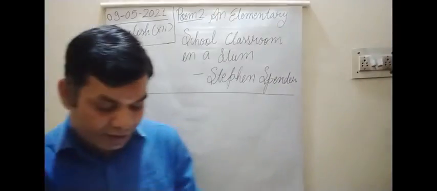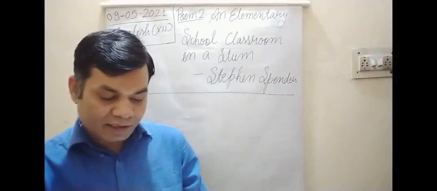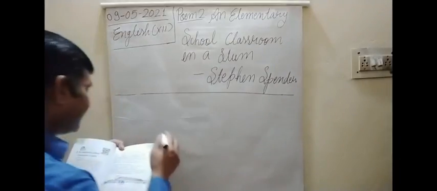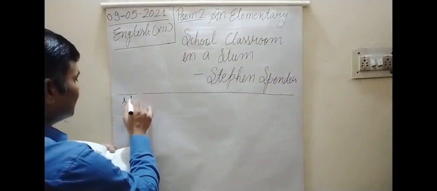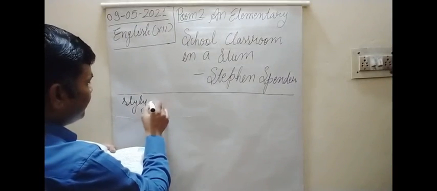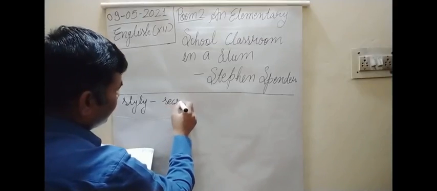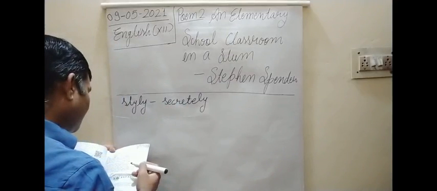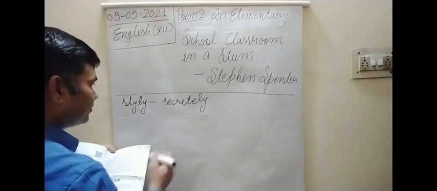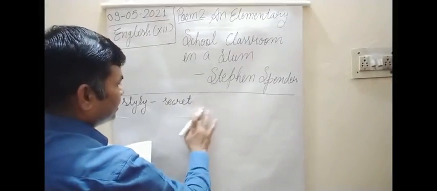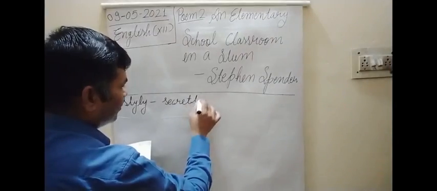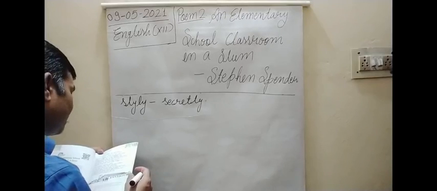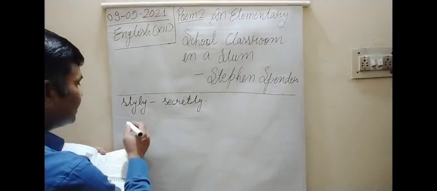So let me write here meanings of some words, then I'll explain this stanza. Slyly means secretly. Next word, crammed.